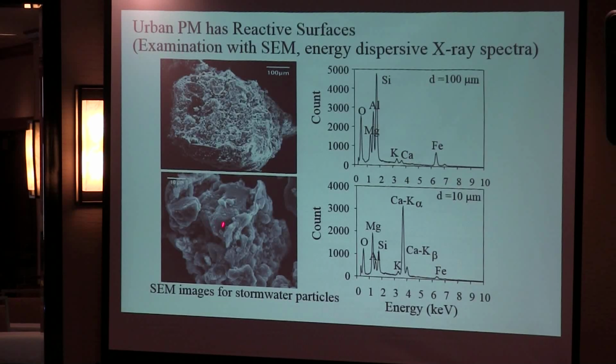If you look at the surface of urban particles, they are geochemically conducive to adsorption and desorption, plus they have very high surface areas if you look at actual real particles.